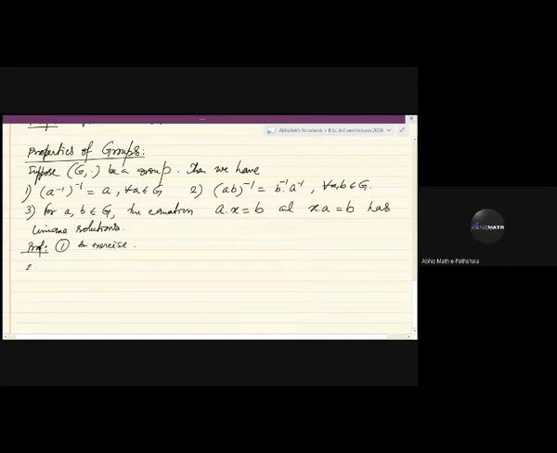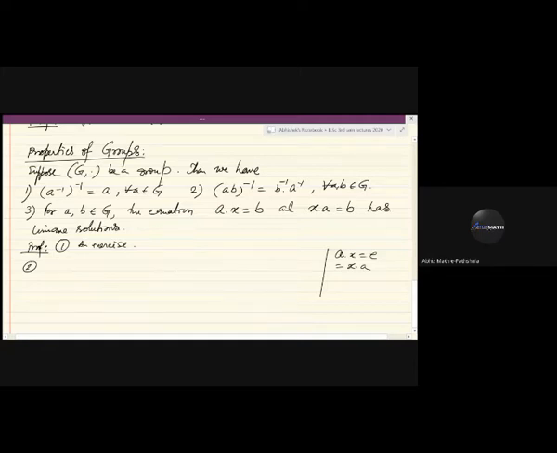For two, now we see that whenever we are asking to find out the inverse of an element, then what we do is just consider the equation. What is the equation? The equation is Ax equal to E, and another equation is xA equal to E, right?